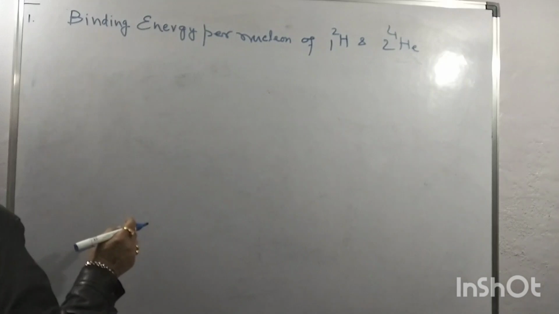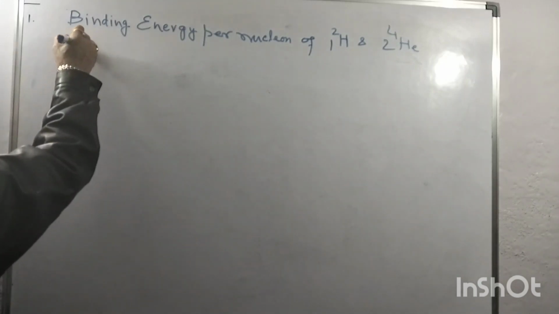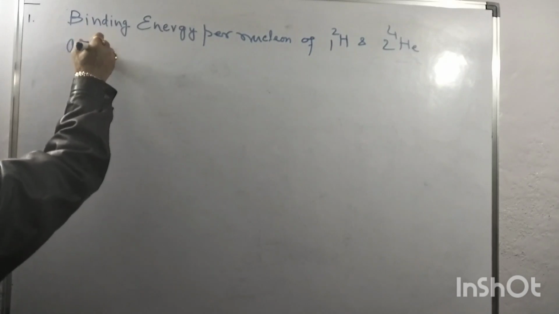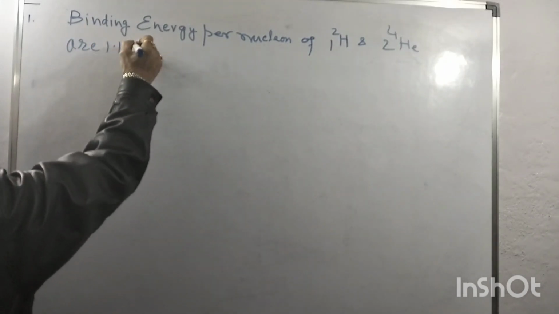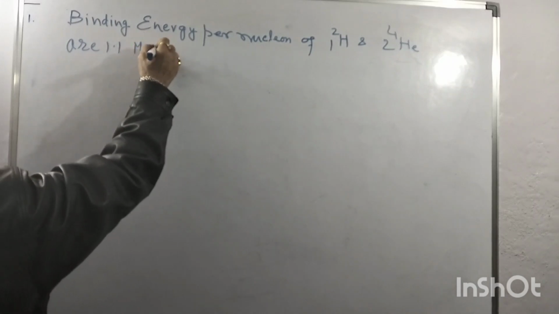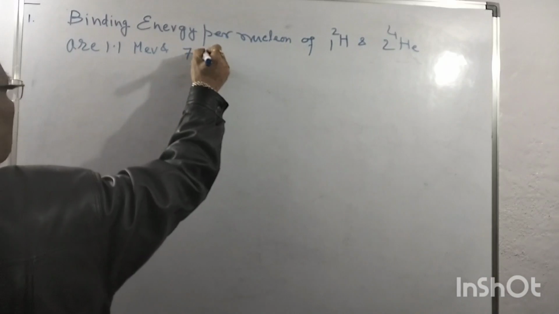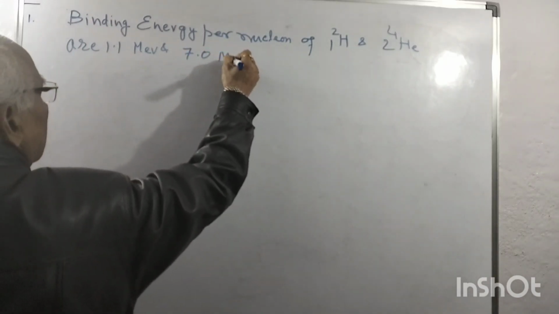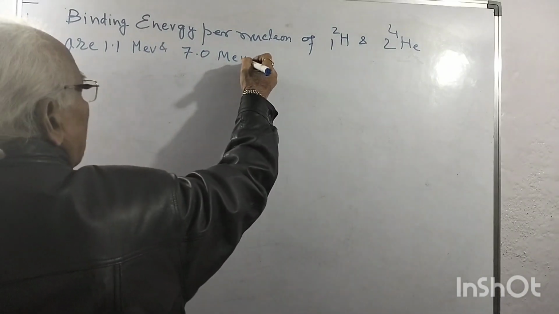So the binding energy per nucleon of deuterium and helium are 1.1 MeV and 7.0 MeV respectively.